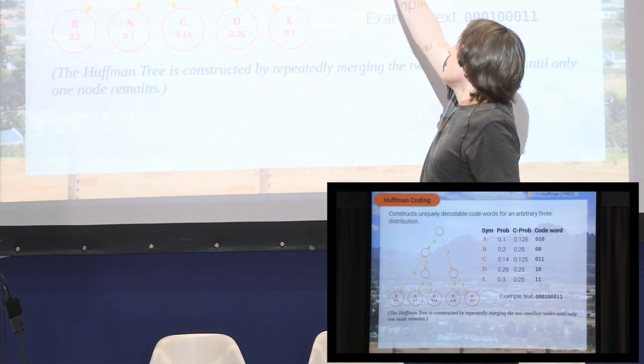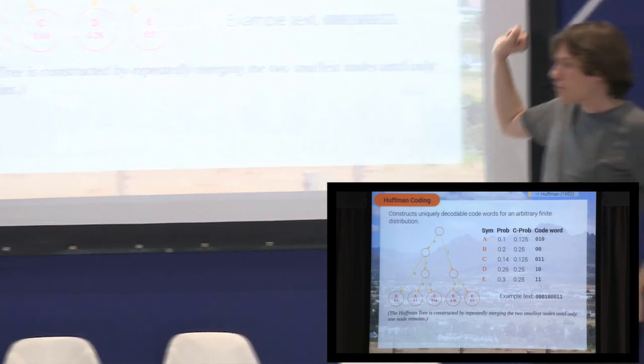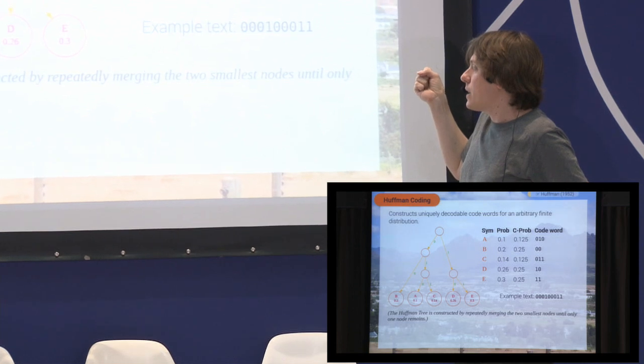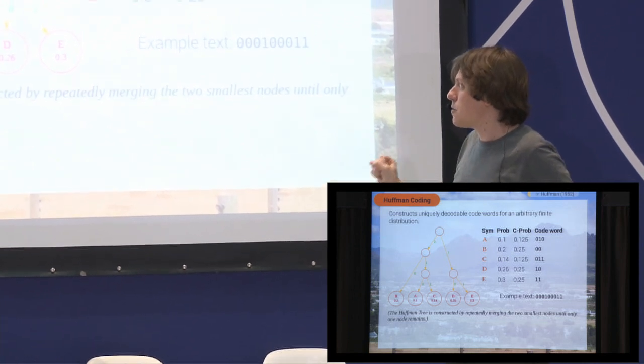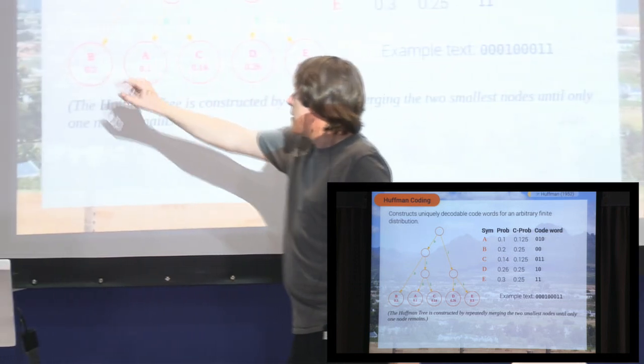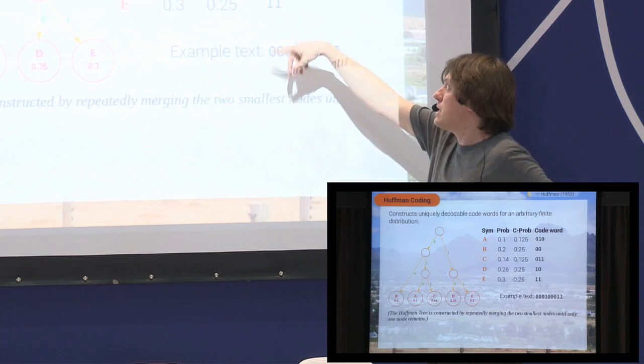Symbol B has probability 0.2, and they sum up to 1. So that's a valid distribution, and if there are no contextual dependencies, I can imagine I'm getting messages drawn from this alphabet, and I'm expecting to see letters according to these probability masses.